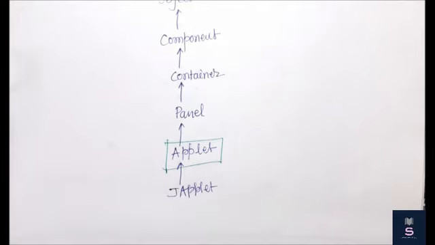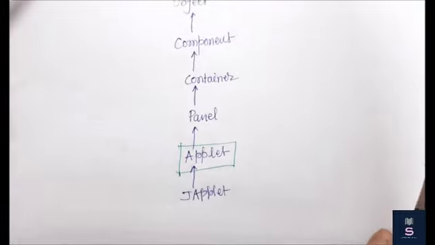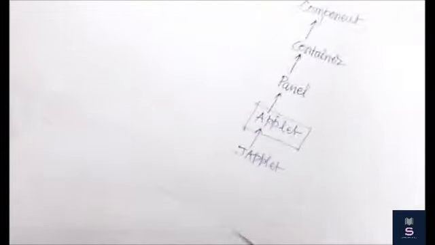Right? So the next point is the life cycle of an applet. This is very, very important. So you can say what are the states available in our applet life cycle.